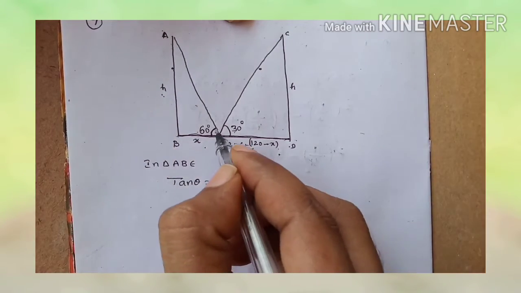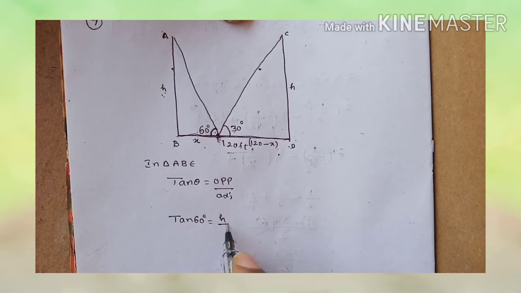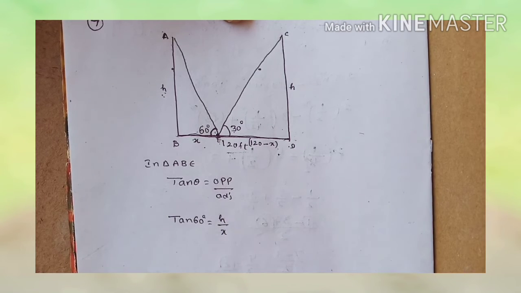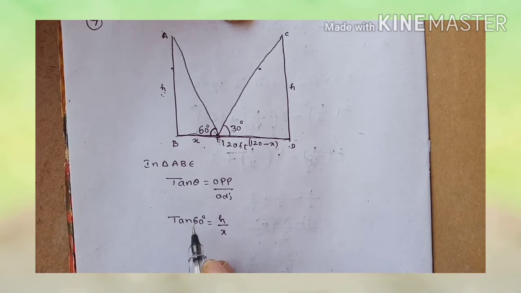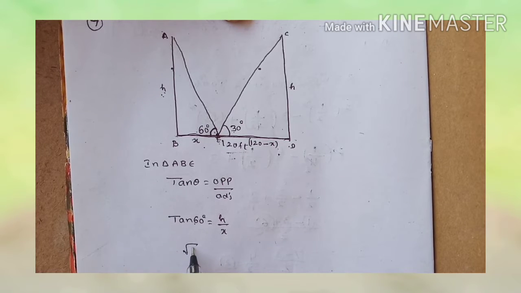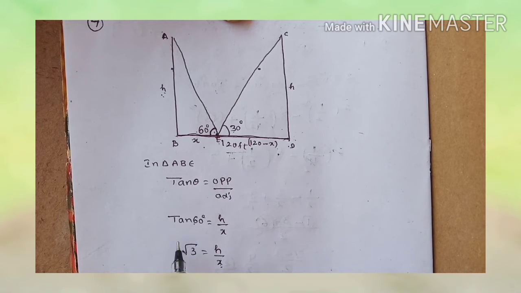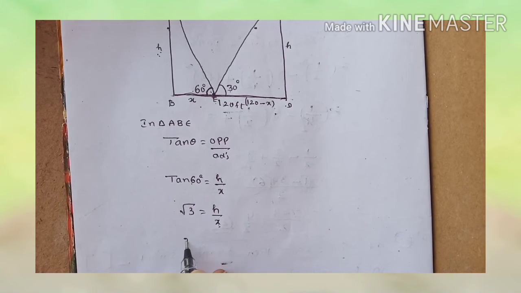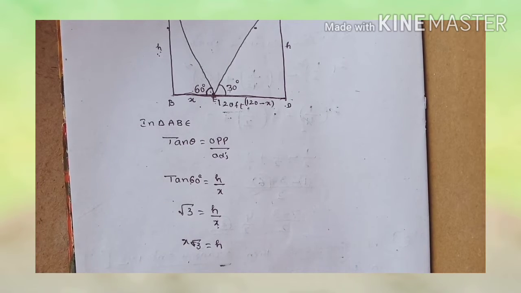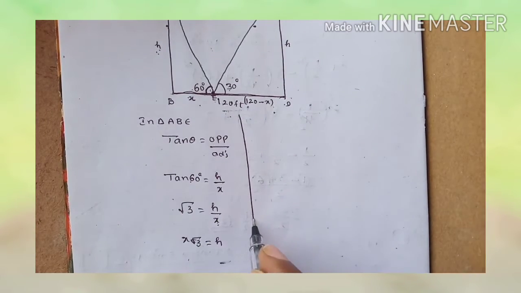Opposite is h and adjacent is x. We know the value of tan 60 is root 3, so root 3 equals h by x. By transposing, we get x into root 3 equals h. This is the first equation.